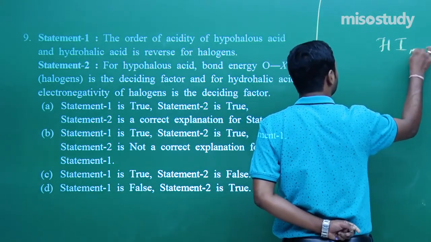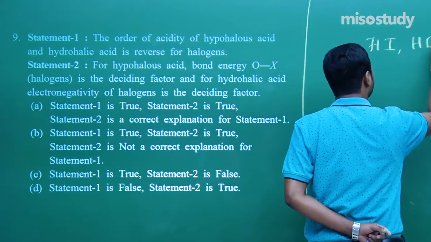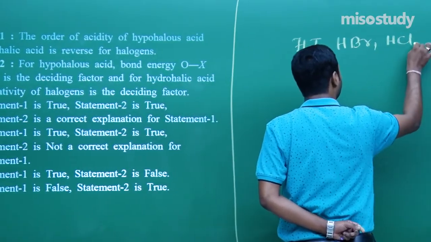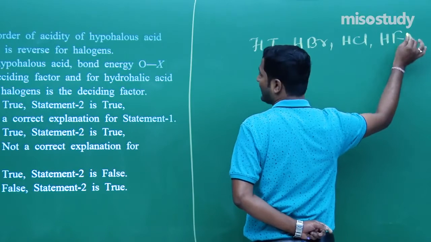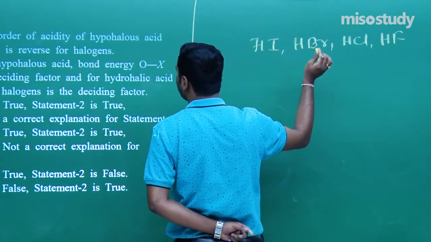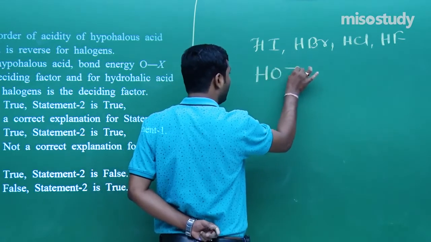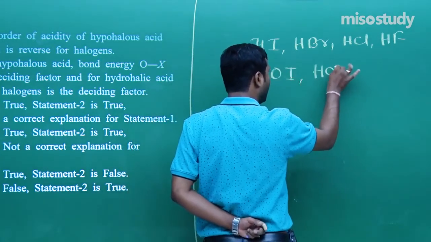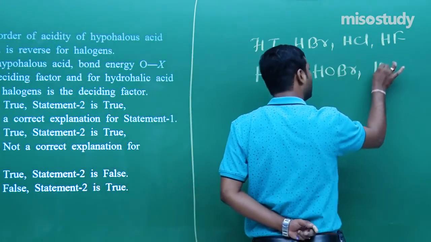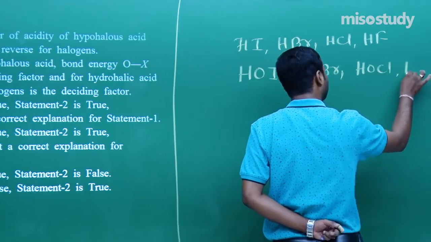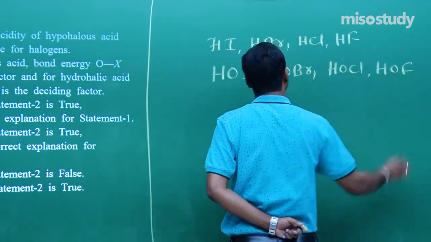Like HI, HBr, HCl, and HF. This is hydrohalic acid. What is hypohalous acid? That is HOI, HOBr, HOCl and HOF.